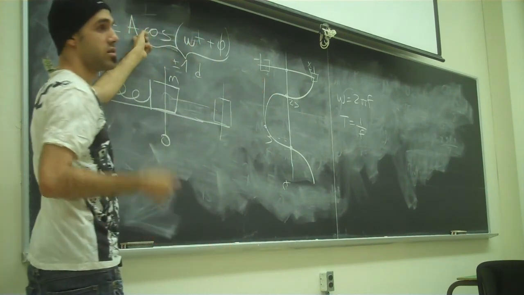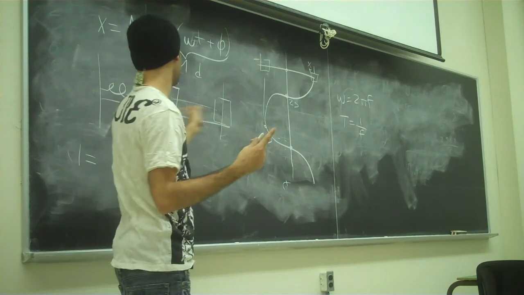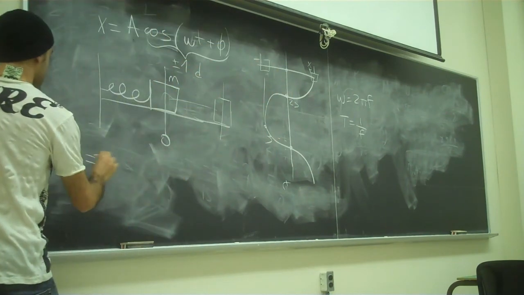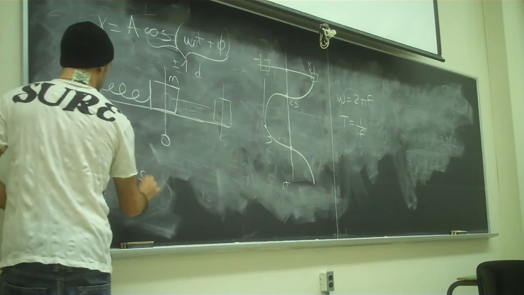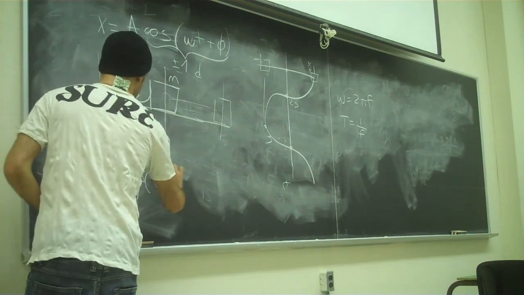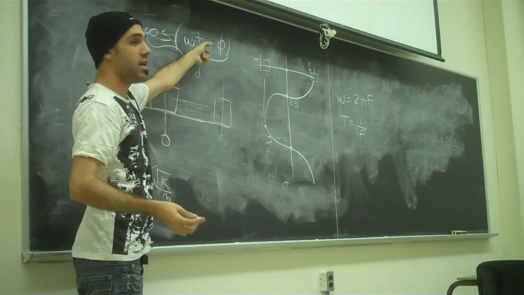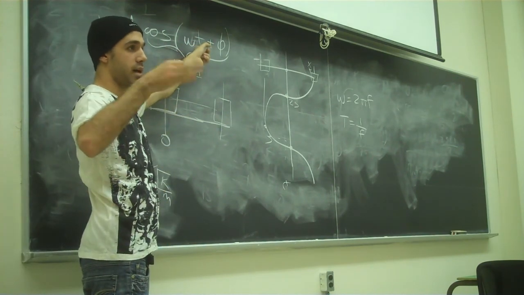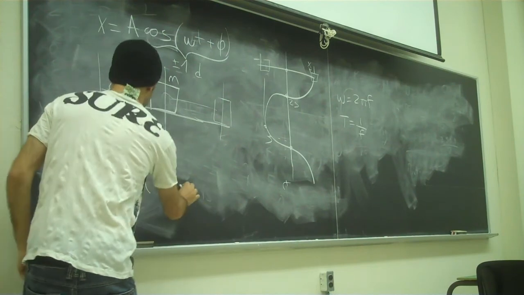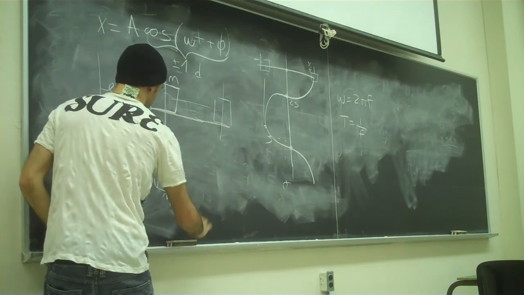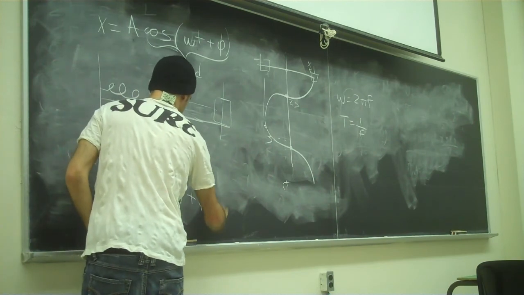My amplitude is 1, right? Because it only goes from plus or minus 1. We take the absolute value. So I'll say 1 equals 1 times the cosine of omega, which is just the square root of k over m, times t. T is 0 because time is 0 at the beginning. So when I put a 0 in here, this whole term cancels. And I have plus phi.